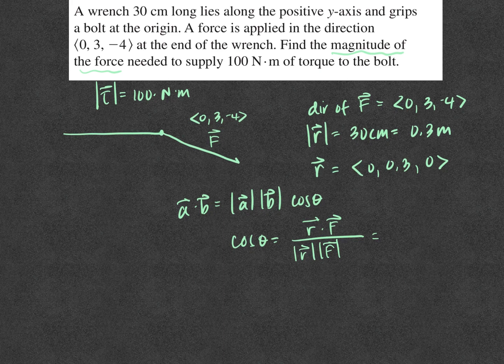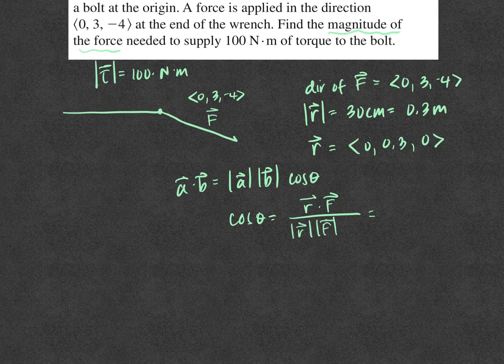So let me move this up a little bit. So r dot f: 0 times 0 is 0, plus 0.3 times 3 is 0.9, plus 0, over the length of r, which is 0.3, times the length of f, which is the square root of 9 plus 16, which is 25.